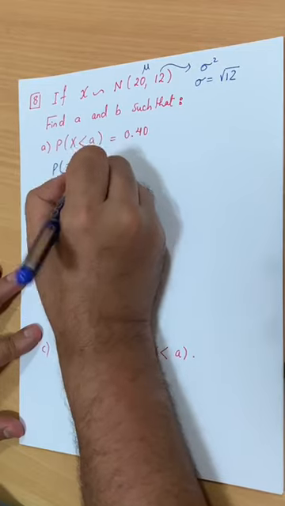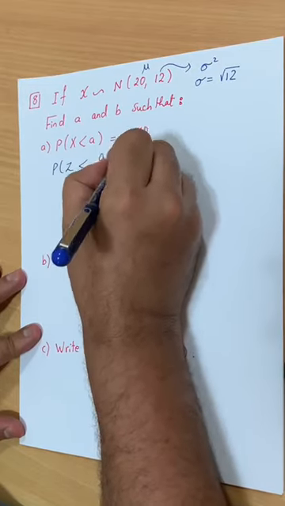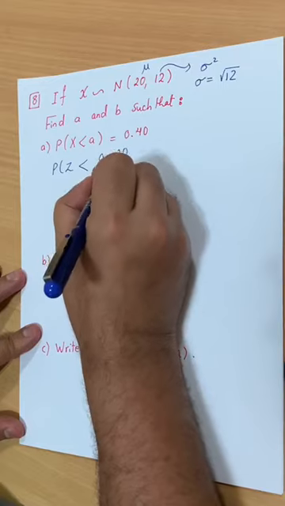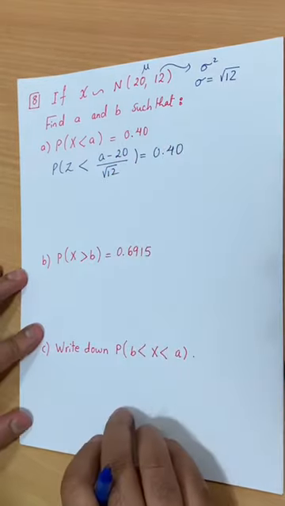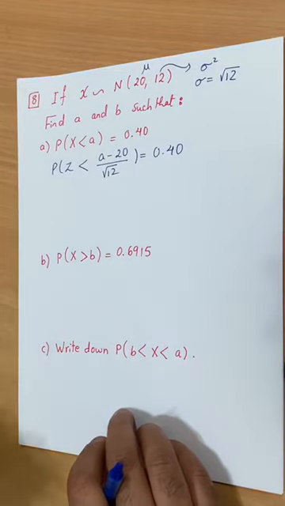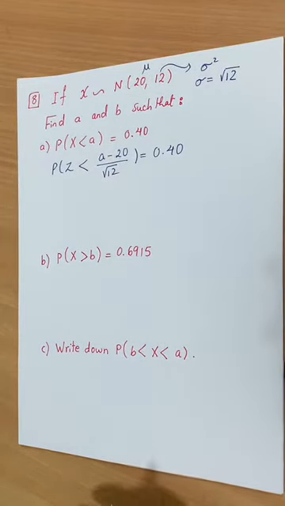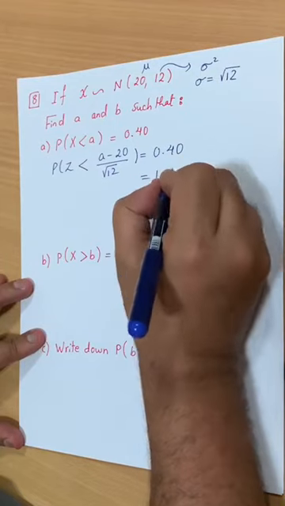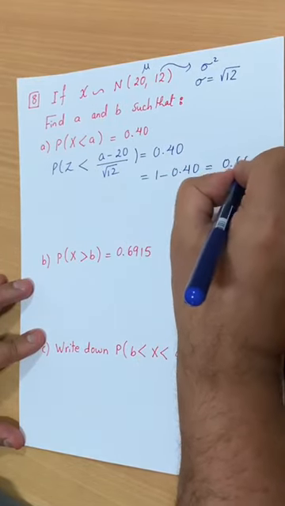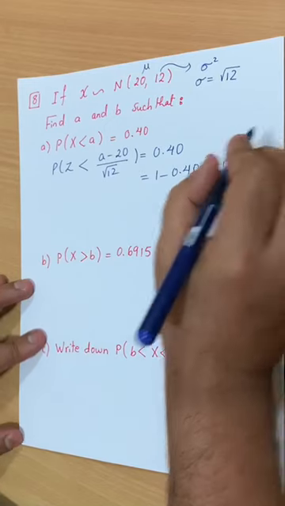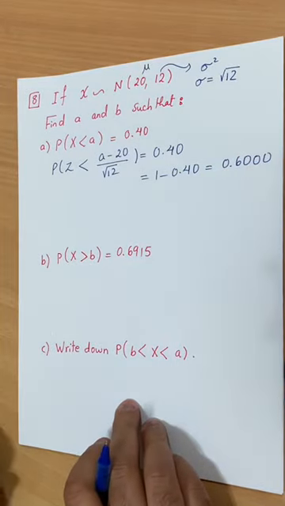Probability of z less than a minus 20 over root of 12 equals 0.40. 0.40 is less than 0.5. For any value less than 0.5, you're supposed to do 1 minus 0.40, which is 0.60. Or we can write it as 4 decimal places or 4 significant figures.